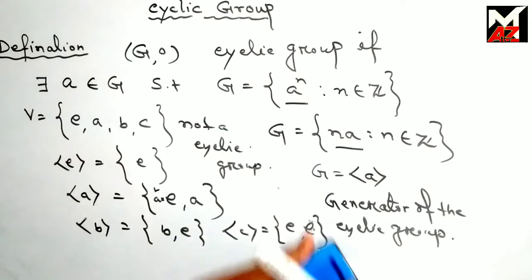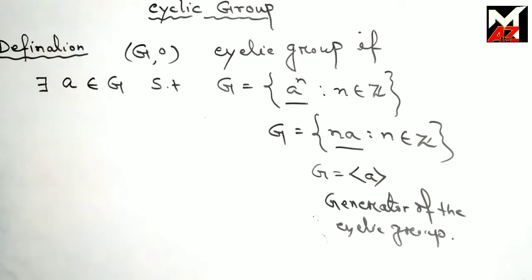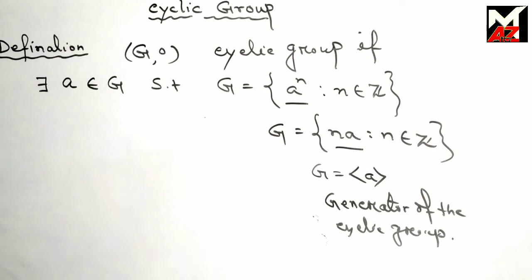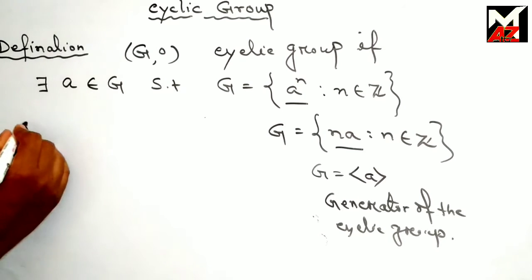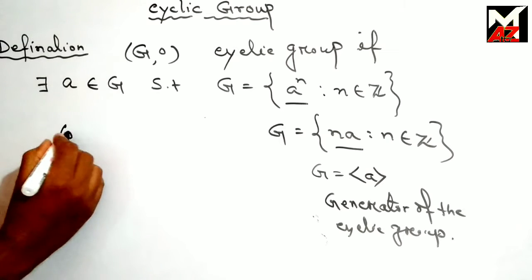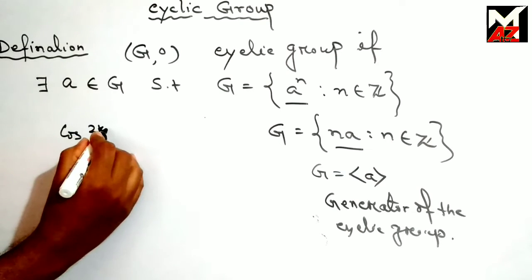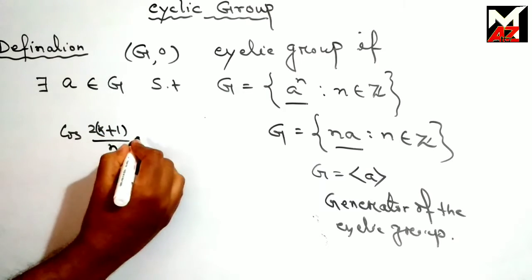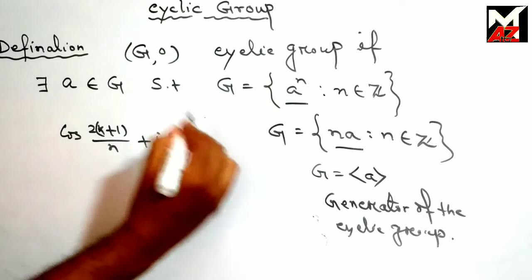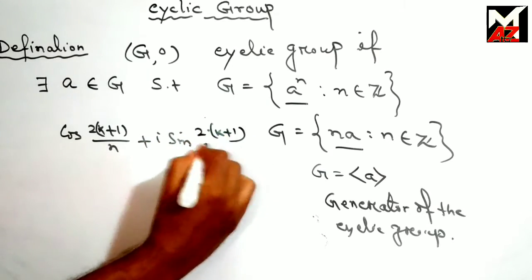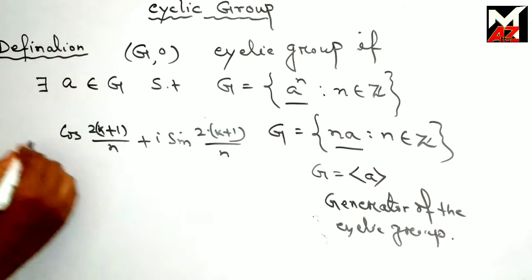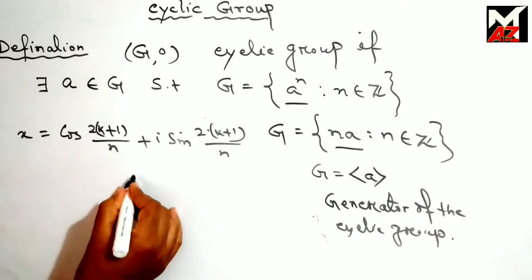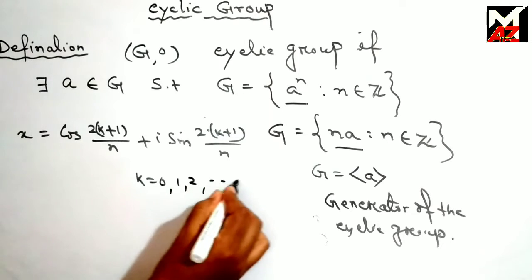Right? Similarly, if we consider another important example, the nth root of unity, which is given by cos 2(k+1)pi by n plus i sine 2(k+1)pi by n. This is the value of x, the nth root of unity, where k is equal to 0, 1, 2 to n minus 1.